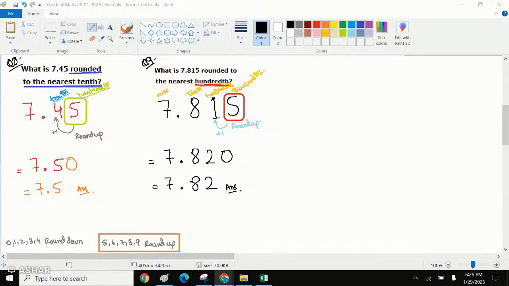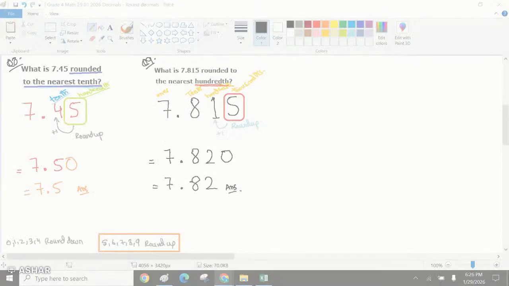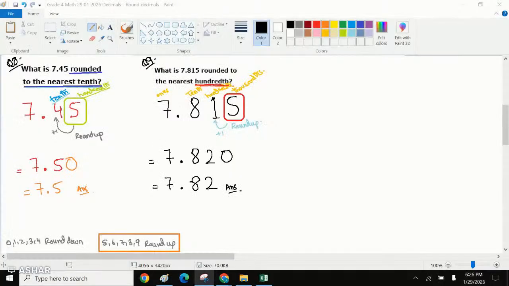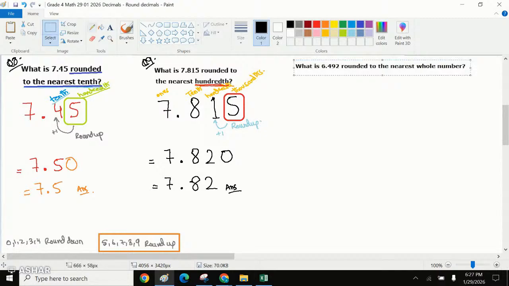So the next question we have is telling us to round off 6.492 to the nearest. Just a moment, let me copy this first. Yes, thank you, May. If this is the question given to us and they are asking us to round off to the nearest whole number, question number 10.